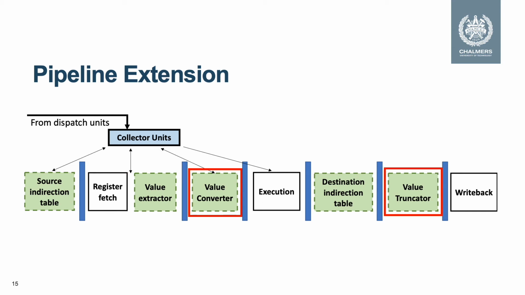The value converter and truncator take one cycle each, but they can be bypassed if the operand is an integer. In total, the pipeline is deeper than in the baseline, but these extra stages are hidden well, as we will see in the results section.